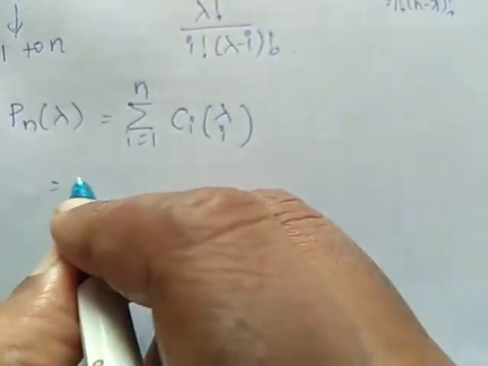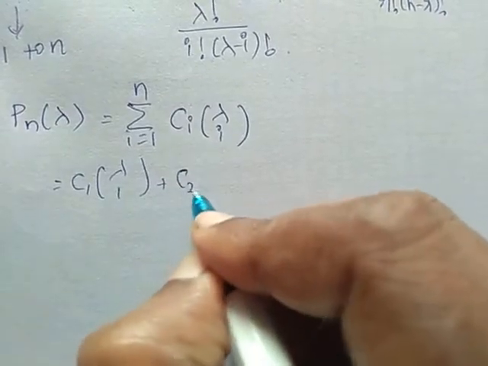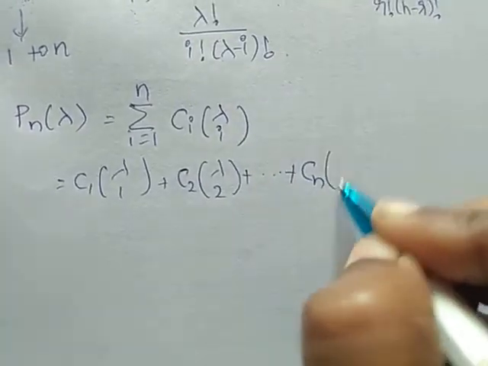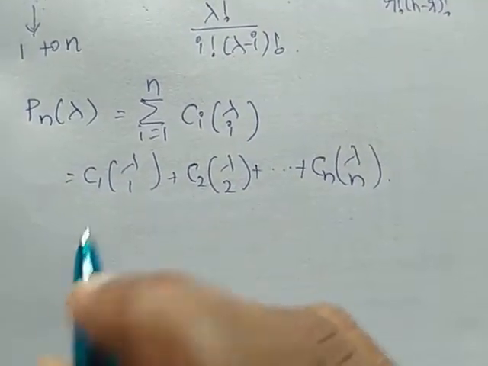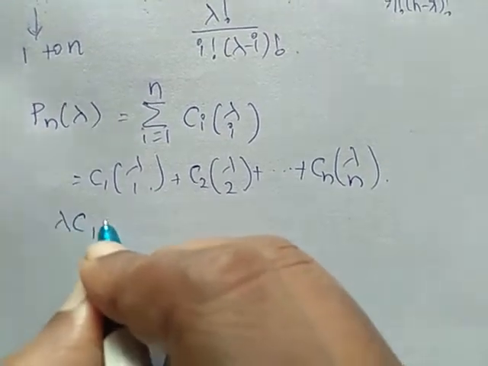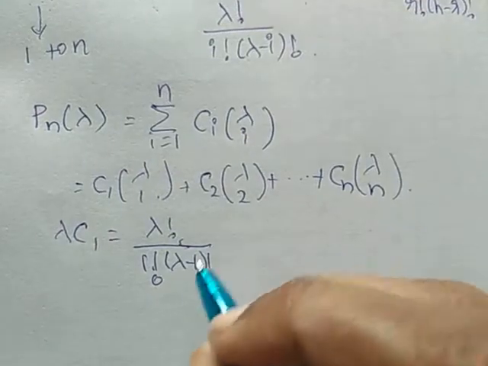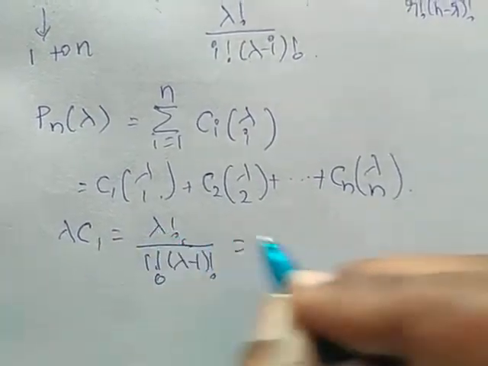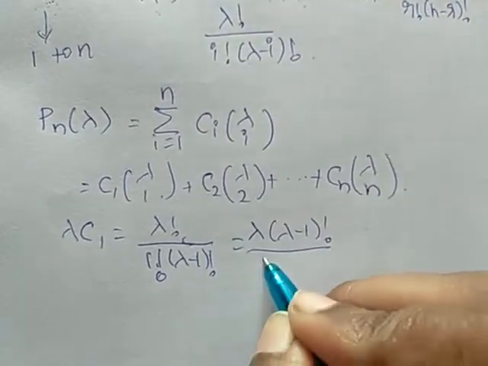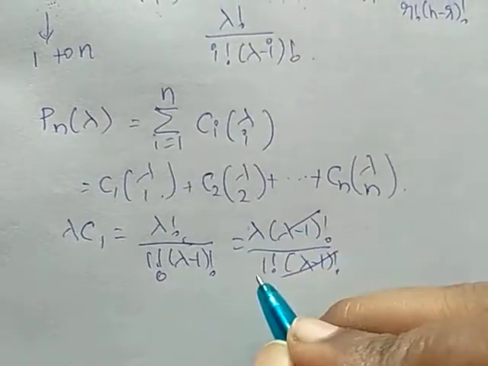It means it is nothing but C1 lambda 1 plus C2 lambda 2 etcetera till Cn lambda n. So consider what is lambda 1. Lambda C1 is lambda factorial by 1 factorial into lambda minus 1 factorial. Lambda factorial can be written as lambda into lambda minus 1 factorial. So lambda minus 1 factorial will get cancelled. We will get lambda by 1 factorial.